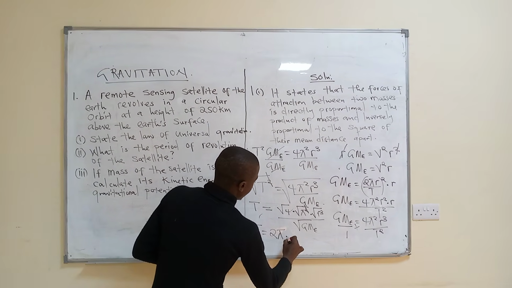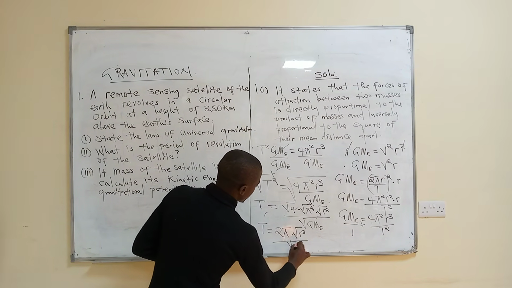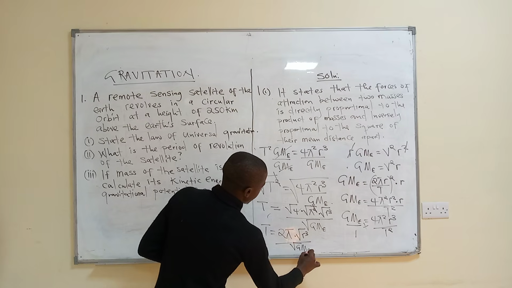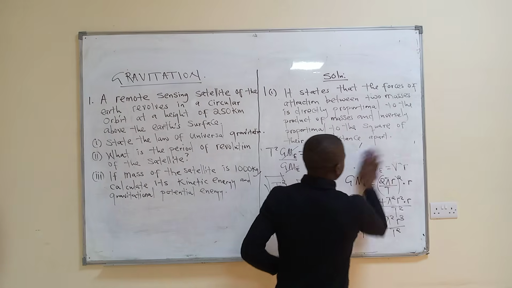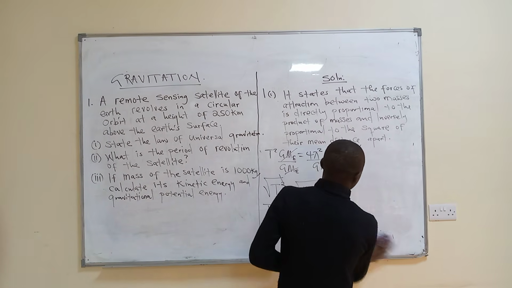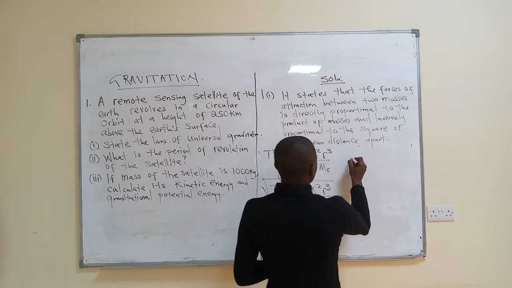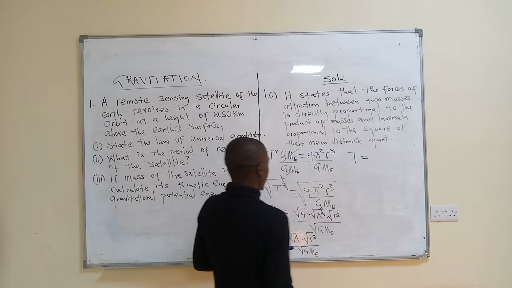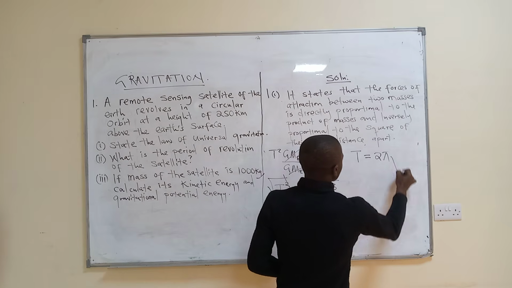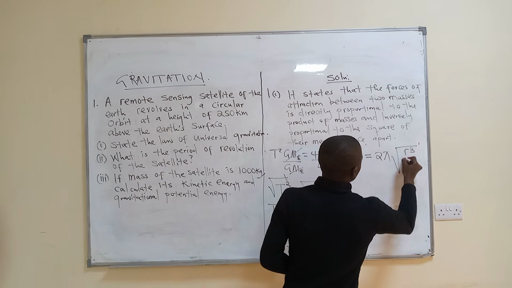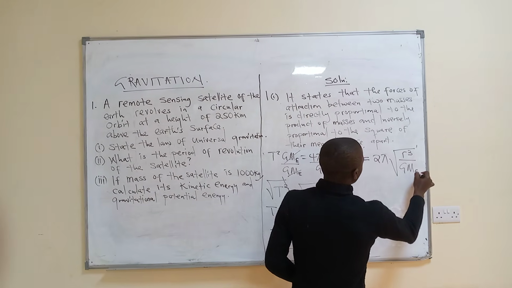From there, the period T equals 2 pi square root of r cubed over G mass of the Earth.